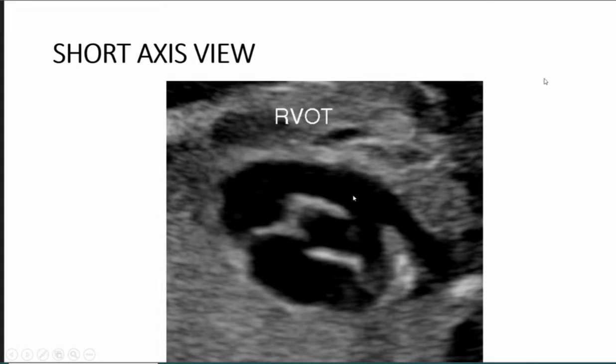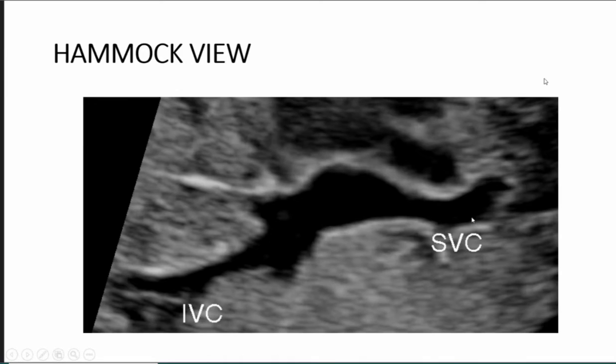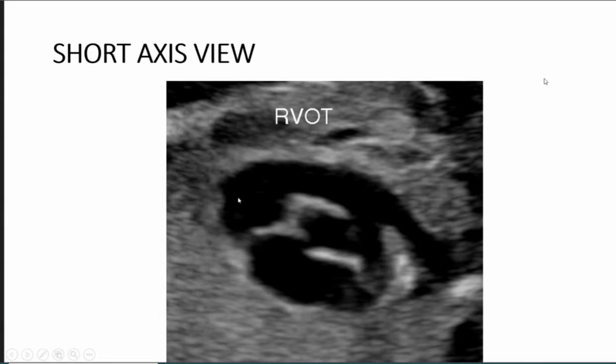From the right ventricular outflow tract view, further rotate the probe and we will get what is called the right ventricular short axis view or circle and sausage view. So this circle and sausage view shows the hemodynamics of the entire right heart circulation. Here you have the SVC, right atrium, tricuspid valve, right ventricle, pulmonary artery, right branch pulmonary artery.